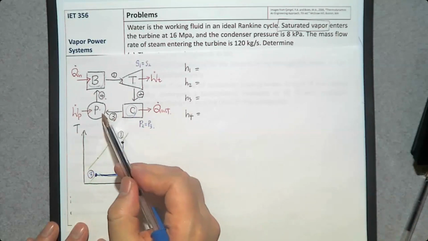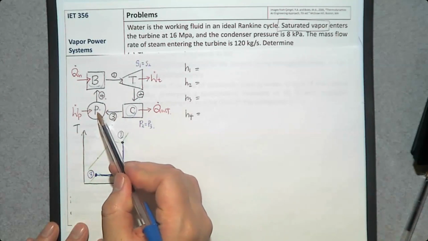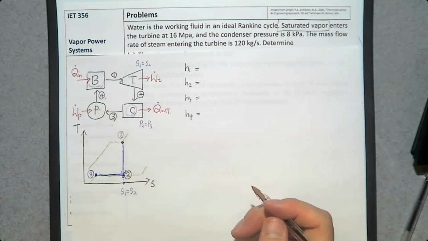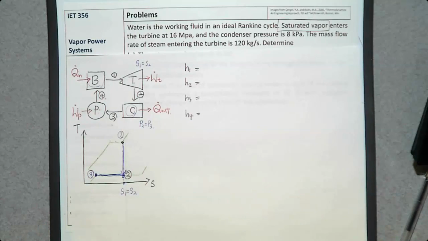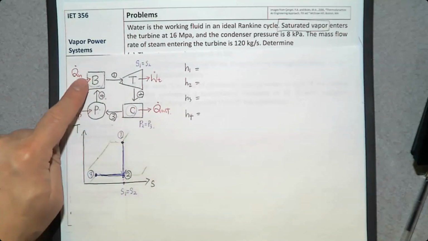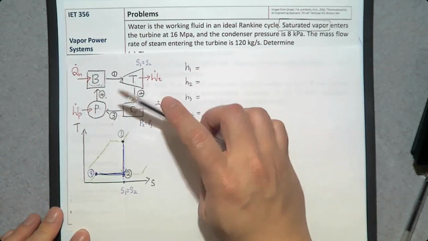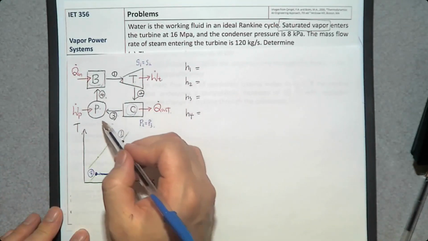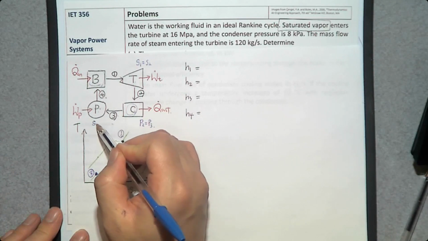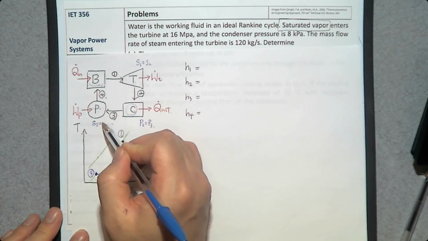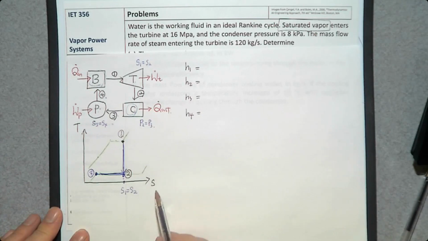And then number 3 enters the pump. What happens in the pump? Pressure goes up from condenser pressure to the boiler pressure, from this green to this green. At what condition? Isentropically, S3 should be the same as S4. Where is S? The horizontal axis.